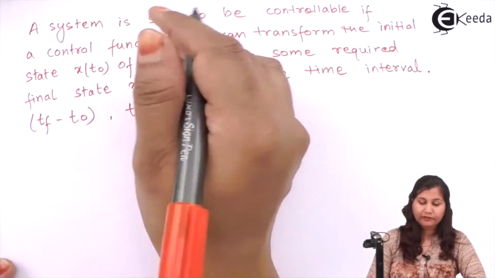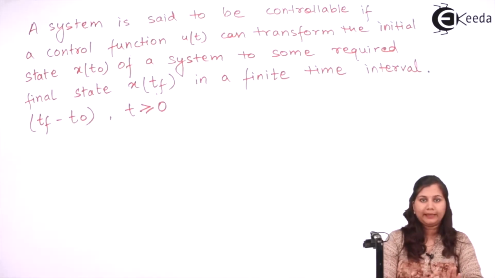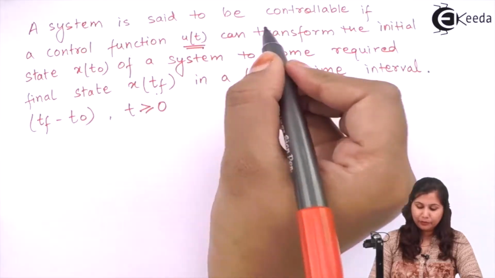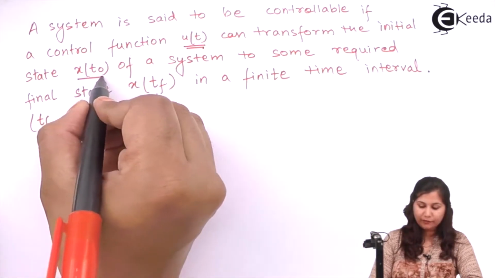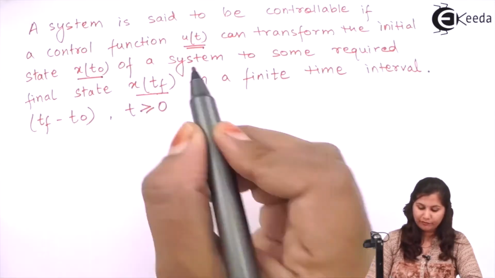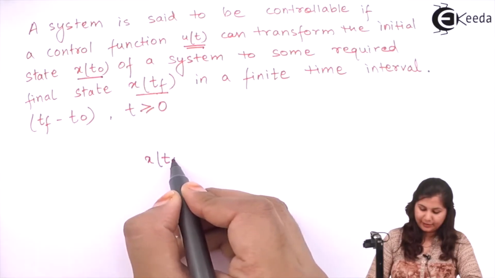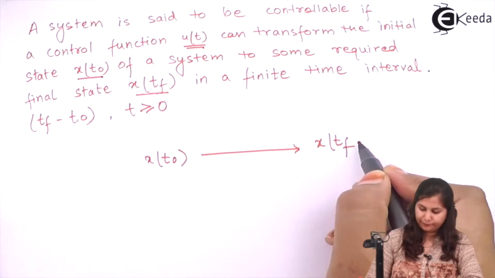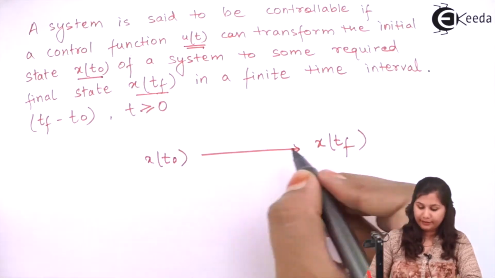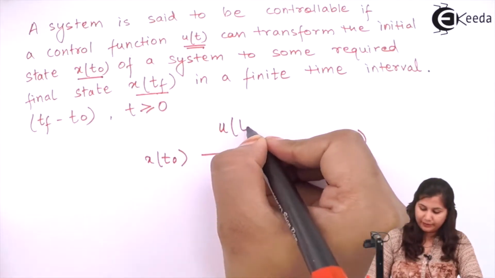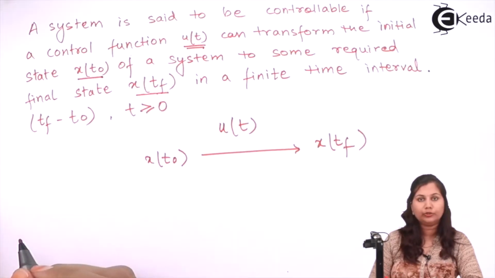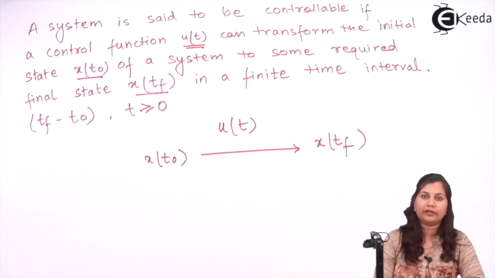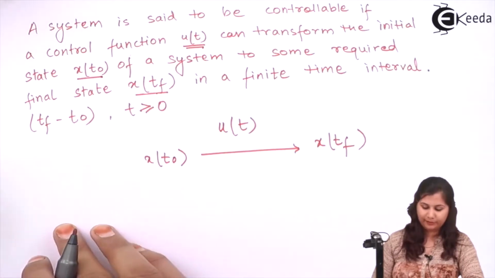Now, what we are doing here is applying an input u(t), and this input is changing the state from the initial state x(t0) to x(tf). These changes are done by the control function u(t). If it is possible in a system, then that system is said to be a controllable system.